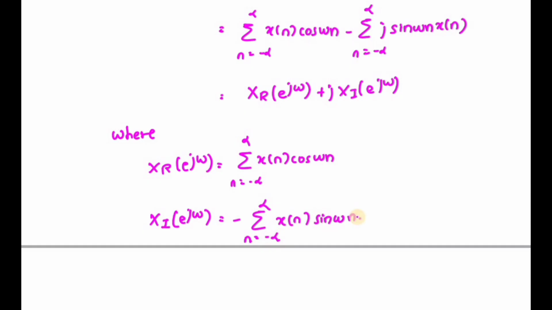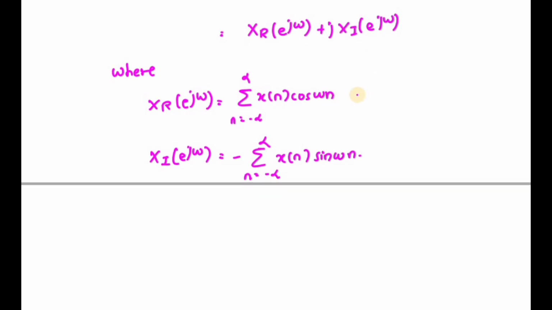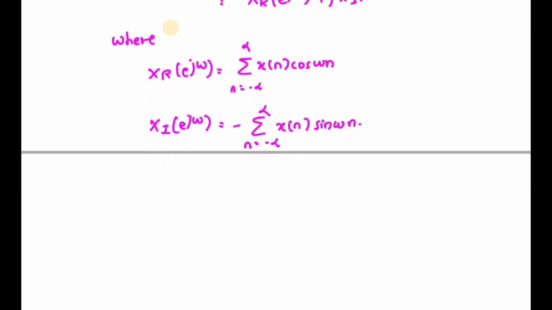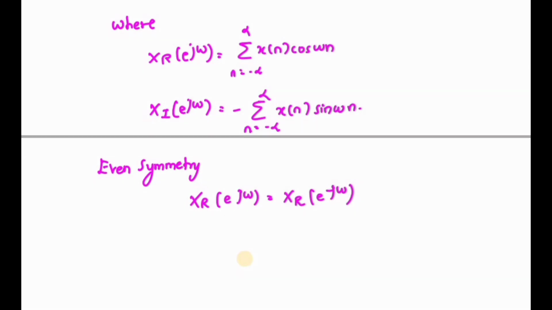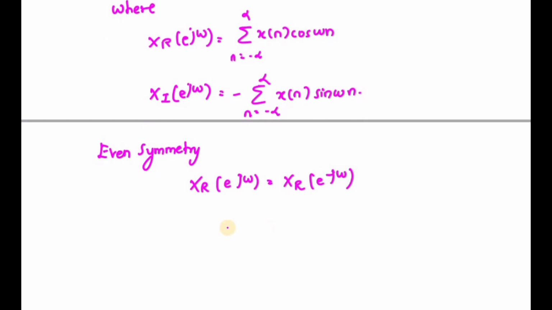Okay, so what is even symmetry? This is called even symmetry. Even symmetry means XR of e power j omega is equal to XR of e power minus j omega. So what is XR of e power minus j omega?